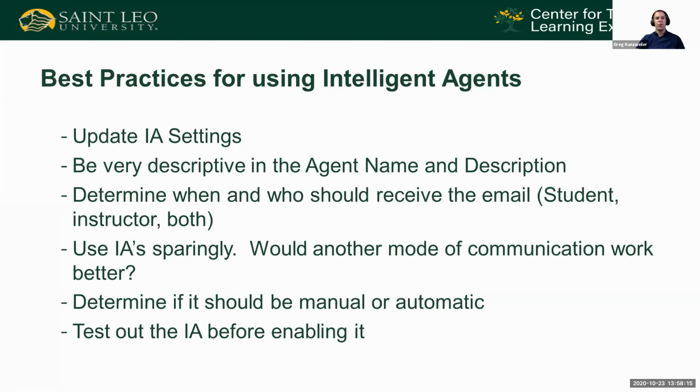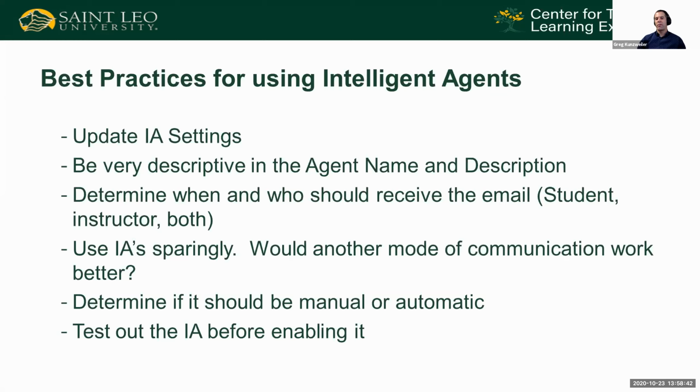And then here are just a few of the best practices, making sure you update the intelligent agent setting. That's what IA is in here. Be very descriptive in the agent name and description, which we talked about earlier. Determine when and who should receive the email, whether it's just a student, it's both you and the student, or just you sometimes.